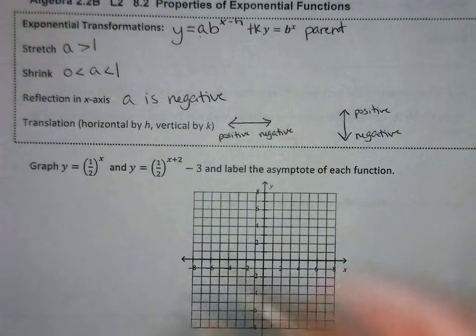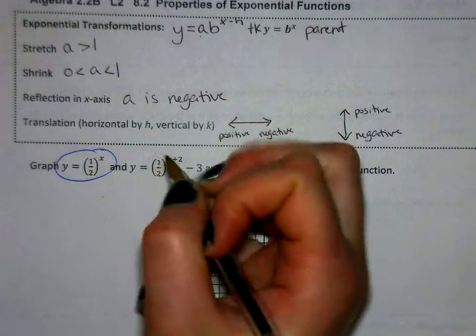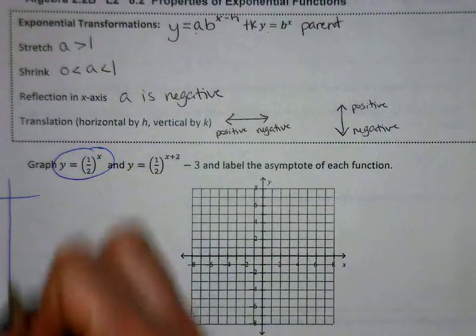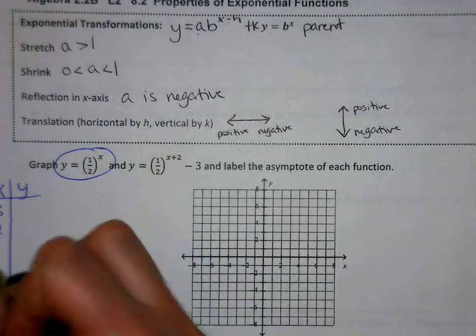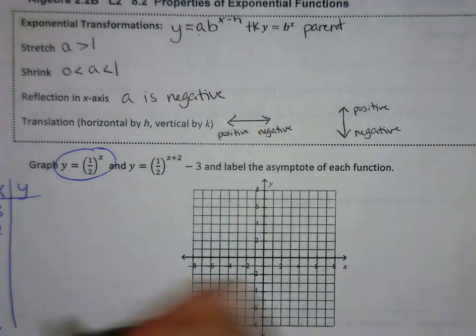Let's first graph this one, which would be our parent function. So if we set up our table to find our numbers, we can find our coordinates.